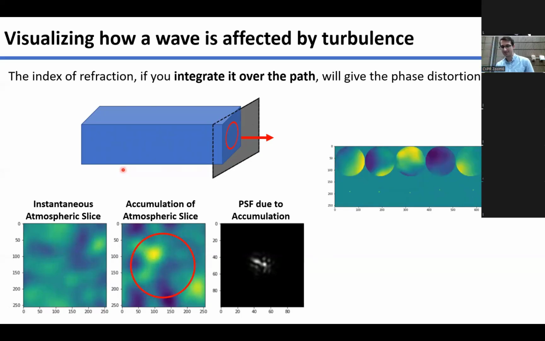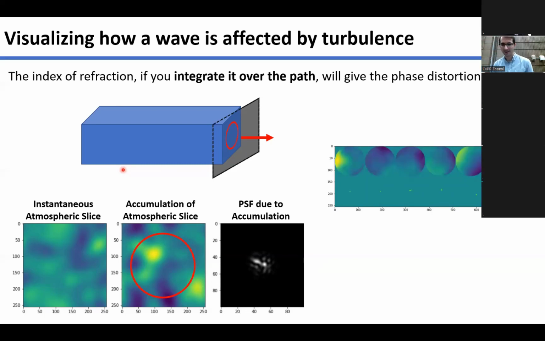And then you can see this point spread function. It's the same thing as last time. It's just the Fourier transform of a circle, but now it's a circle with this dented up pattern in it. So it's this denting up that's really going to do the damage to my point spread function.